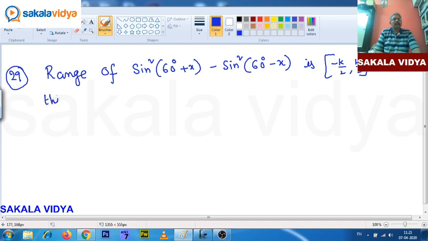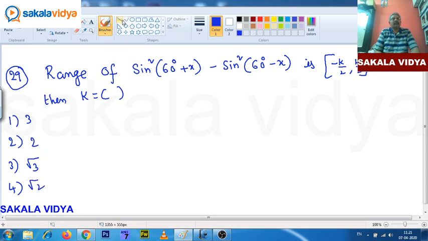Then k equals to: first option 3, second option 2, third option root 3, fourth option root 2. Okay, this is the problem.